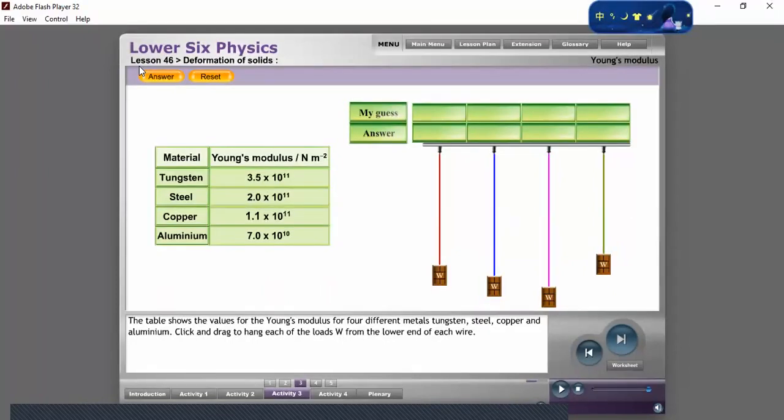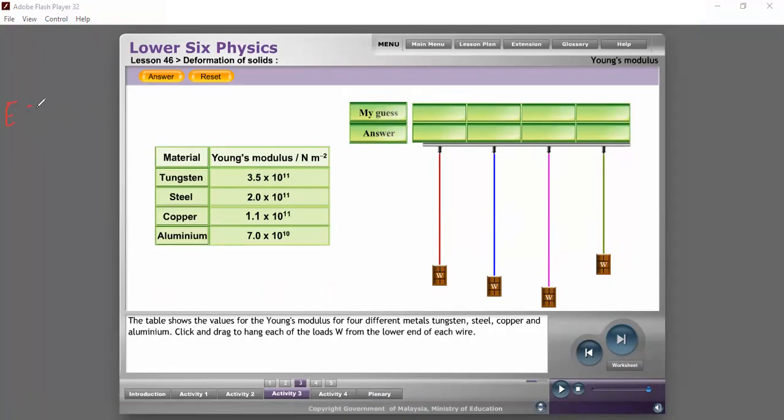By using the concept of Young's modulus, E is equal to F over A divided by extension over L. So from here, they give us the Young's modulus, which will be equal to FL over EA.